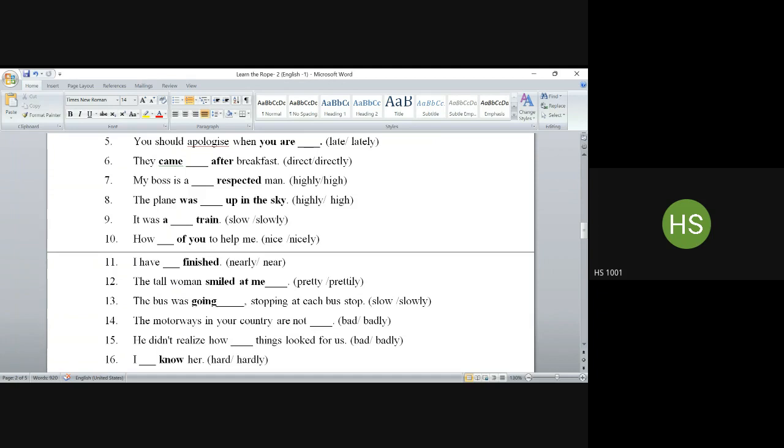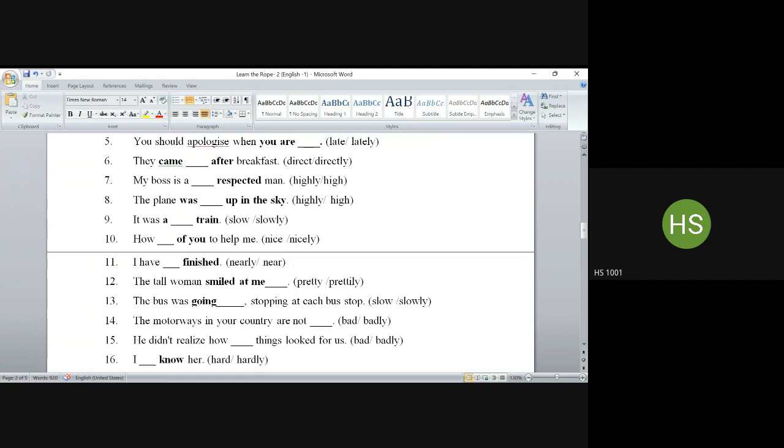You're giving additional information about the place where the plane is, or the level where the plane is. That's why we are not qualifying any verb here. We're not talking about any action. So the plane was high up in the sky.